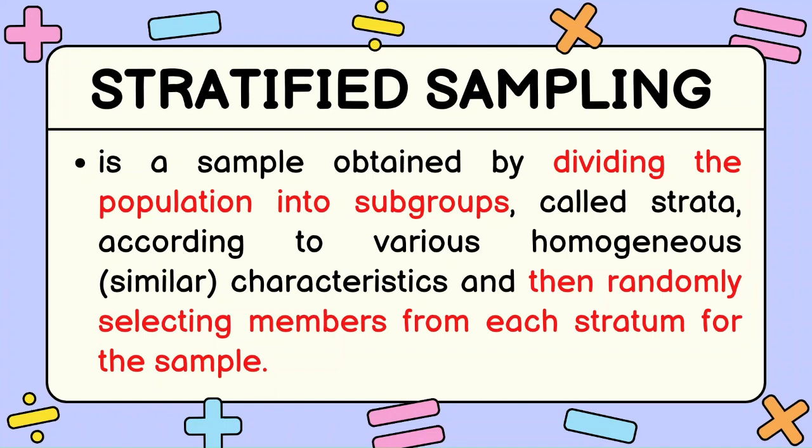It could be ages, heights, or any other characteristics. And then after that, the researcher randomly selects members from each stratum for the sample. A stratum is a group in our strata.